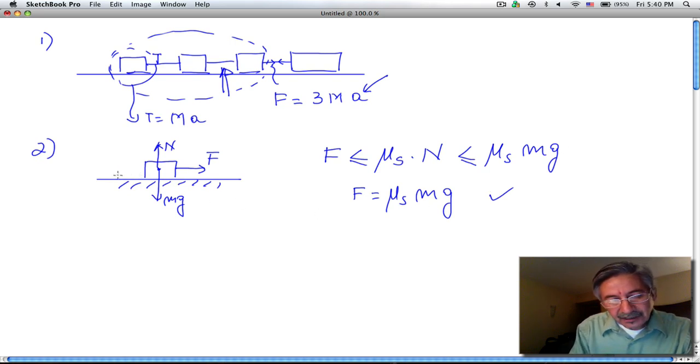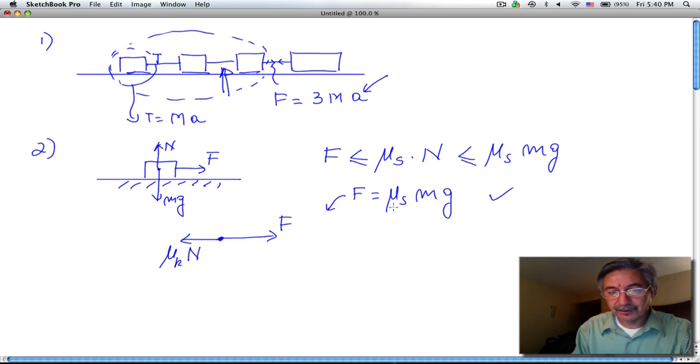Once the object moves, then you need less force to make it accelerate, and the net force when it's moving is the force with which you got it to move minus the kinetic friction.